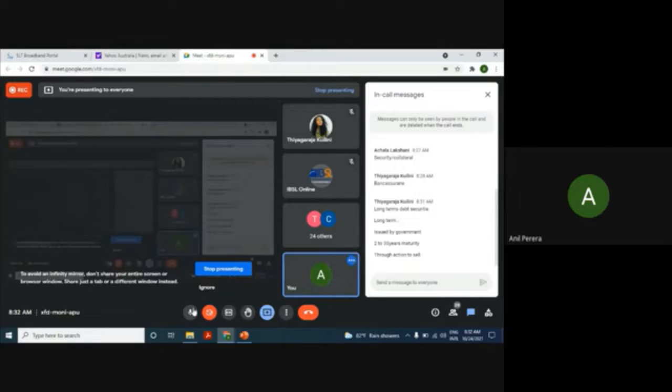Third one, common stocks. What do you mean by common stocks? They are generally known as what? Ordinary shares. Why are these ordinary shares important? The holders of these ordinary shares, so common stocks, they are the owners of the company.